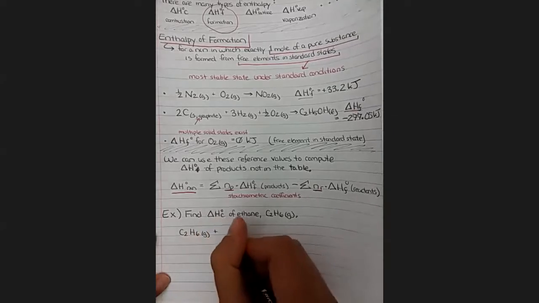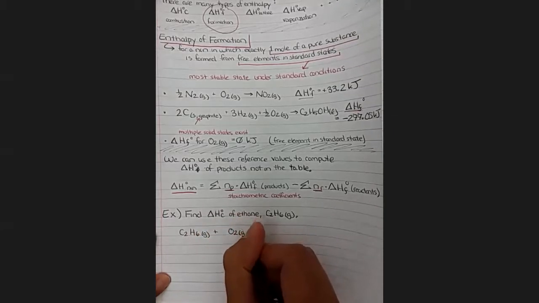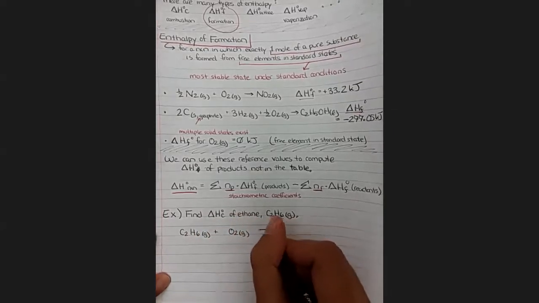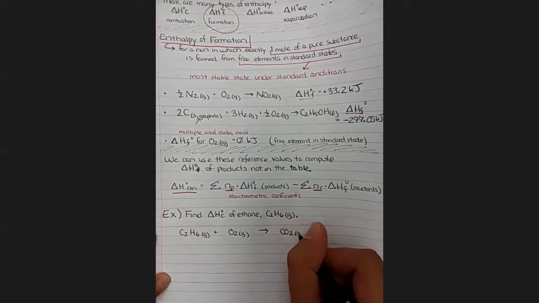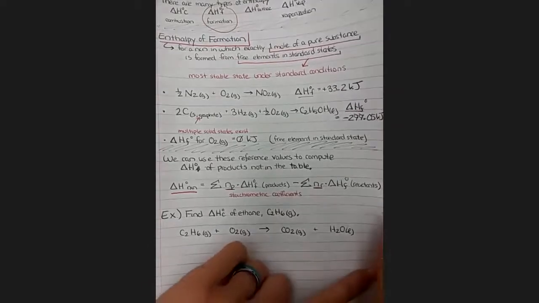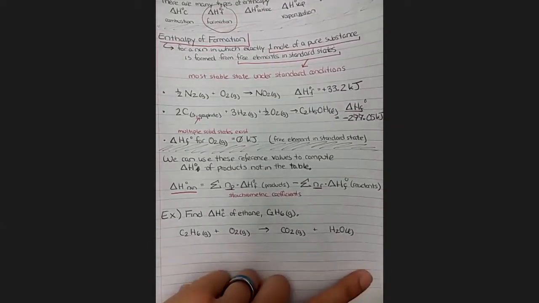We're going to be burning it in the presence of some amount of oxygen. And we know we will always form carbon dioxide as a gas and water as a liquid. So that's a good start, but something is wrong with this equation. This equation is not balanced.